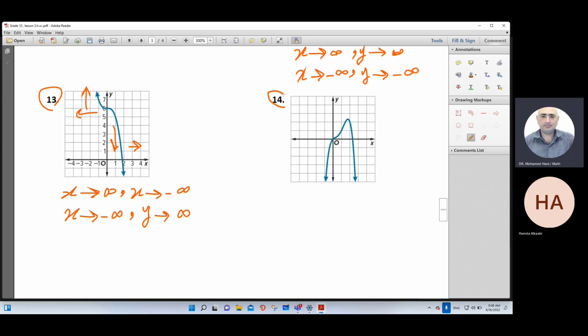Number 14, as you see in this side here, when you go right, X will be increased. But Y will be decreased.